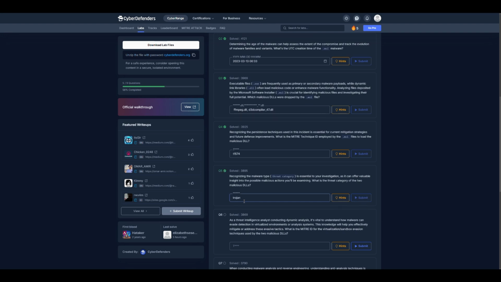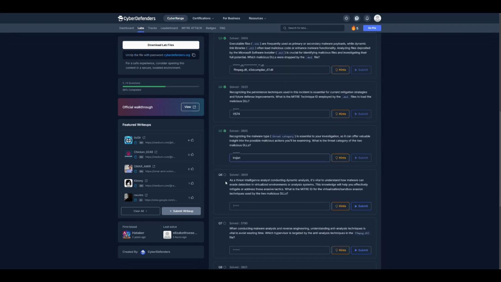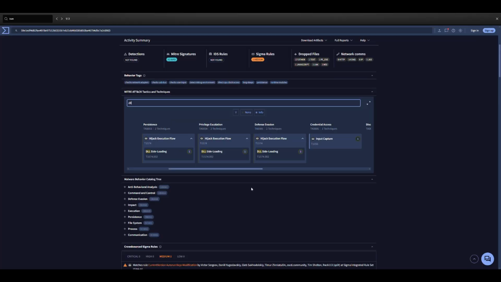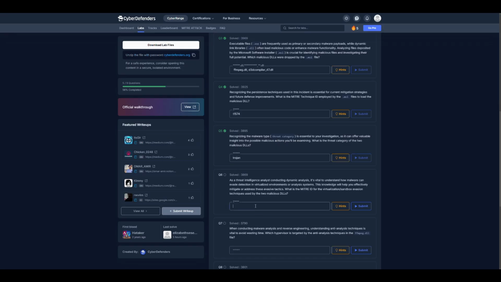This technique maps to MITRE T1574.002 and allows the malware to run under the context of a trusted process, effectively evading standard detection mechanisms.